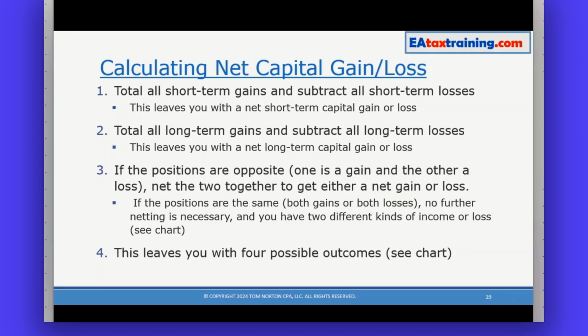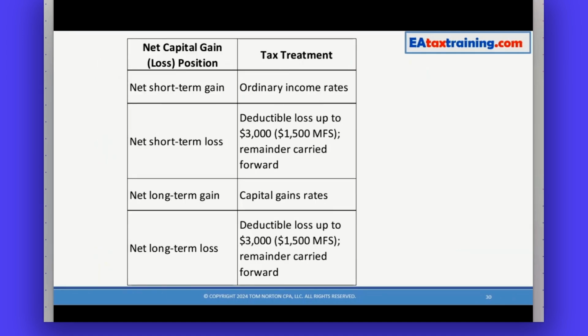So this leaves you with these 4 possible outcomes. You could have a net short-term gain, in which case that is going to be taxed at ordinary tax rates. You could have a net short-term loss, which means those are deductible up to that $3,000 that we talked about, or $1,500 for married filing separately, and the remainder can be carried forward.